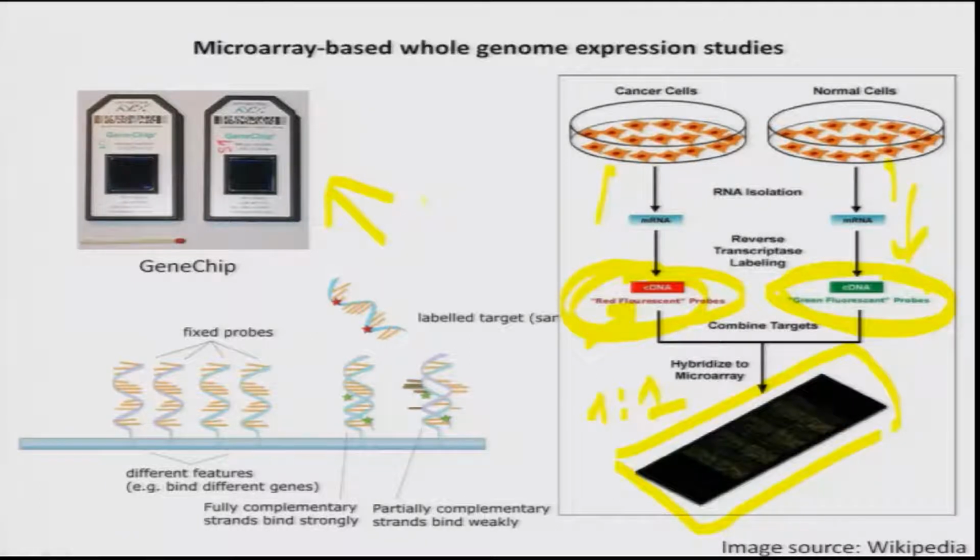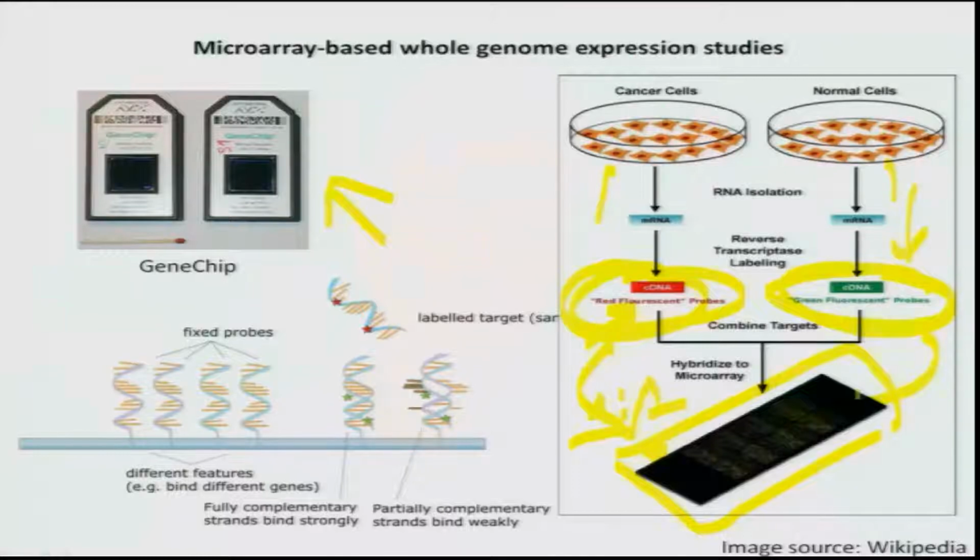If I have 10 copies of a given gene spotted on a chip, and if the expression of the gene is the same in both cancer and normal cell, then going by probability, 5 copies will be bound by the cDNA derived from the tumor cells, and 5 copies of the target sequence will be bound by the cDNA derived from the normal cell, right. So, that is where it is.